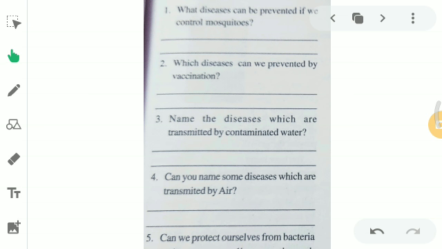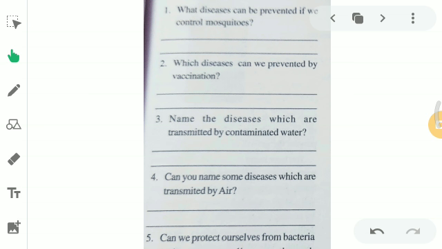Next question, name the diseases which are transmitted by contaminated water. Contaminated water means water which contains impurities and disease causing microorganisms. Which diseases are transmitted by contaminated water? As you see in the table, they are polio, cholera, and typhoid.